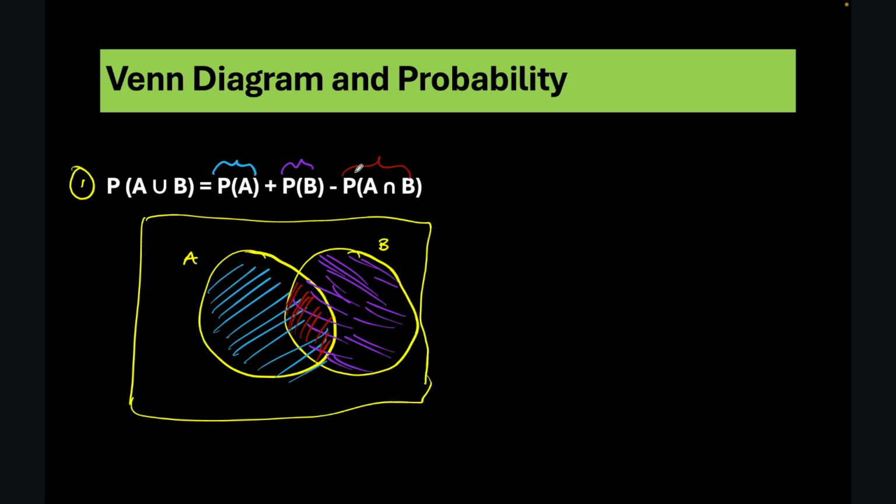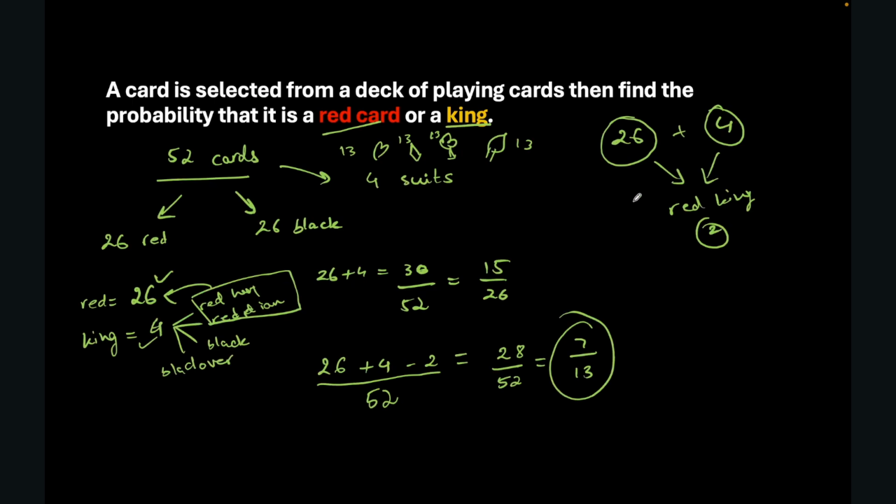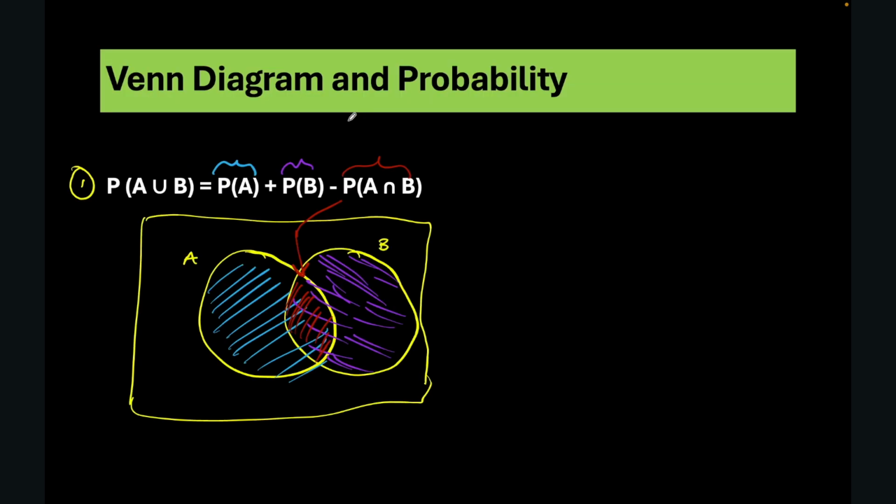Okay, so what I've done here is to find the probability of either event A occurring or B occurring, I've added A and I've added B together. But remember, while doing this, I have double counted A intersection B. That's why I have to subtract it once, just like I subtracted in the previous question, just like how I subtracted 2, because there is an overlap of red kings.